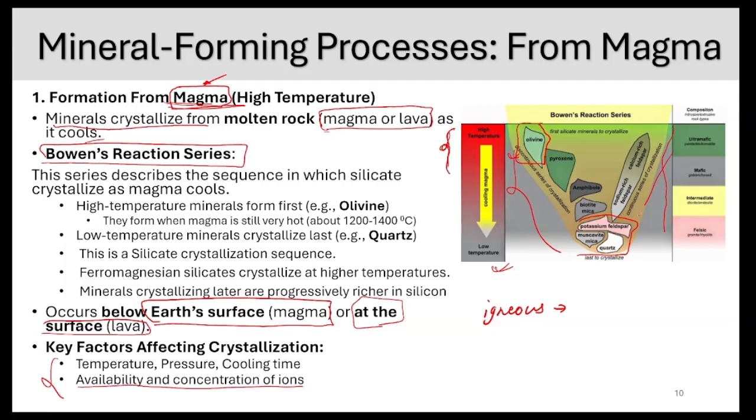We can see here the sodium-rich materials are solidified at a lower temperature, and calcium-rich materials are solidified at a higher temperature. So the availability and concentration of ions also determines which kind of minerals are formed during the solidification process of magma.